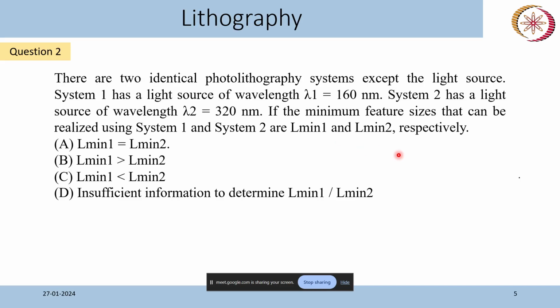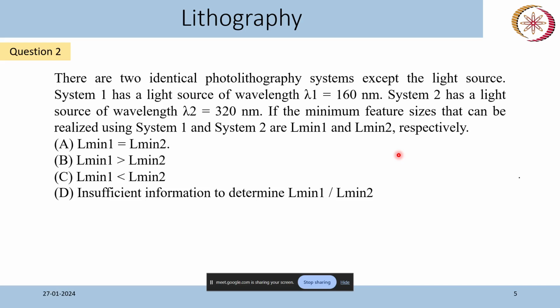Okay, so this is the next question. There are two identical photolithography systems, and there are two light sources. System 1 has a light source of wavelength 160 nanometer, and system 2 has a light source of 320 nanometer. So what is the relation between the minimum feature sizes for these systems?